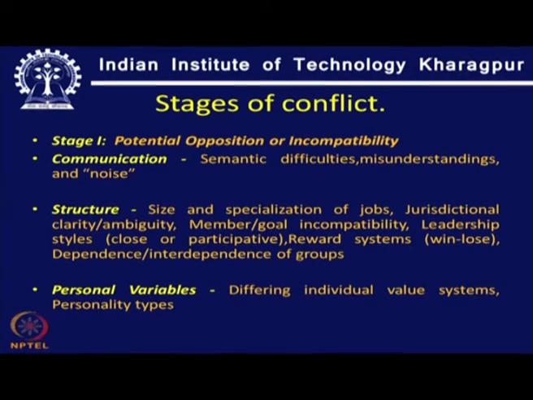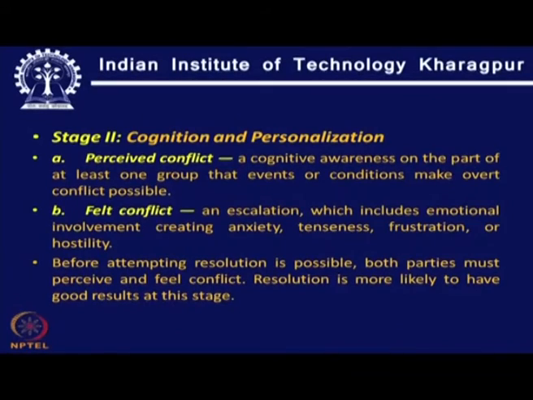Now, what changes this potential stage into the actual conflict stage? Stage 2 is cognition and personalization. In that, we get two parts: the perceived conflict and the felt conflict.